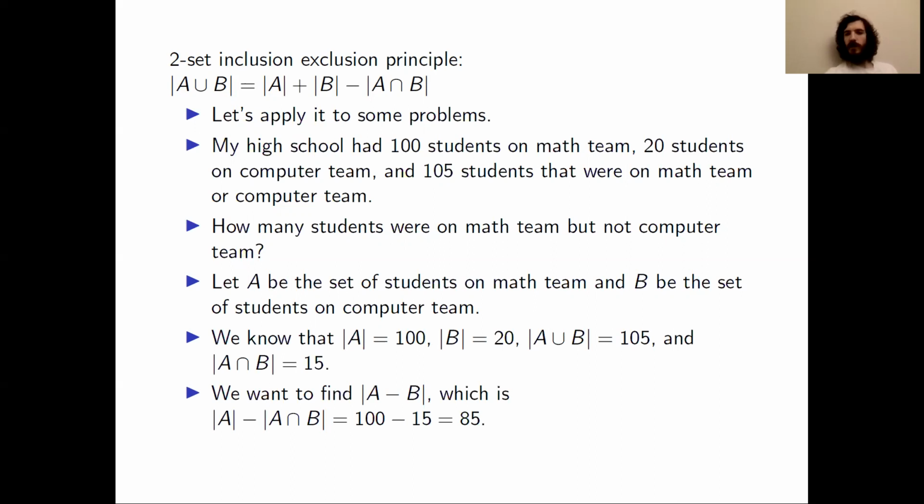And similarly to the last one, we have that the cardinality of A minus B is equal to the cardinality of A minus the cardinality of A intersect B. So we get 100 minus 15, and this leaves us with 85. And that is the number of students who are on math team, but not on computer team.